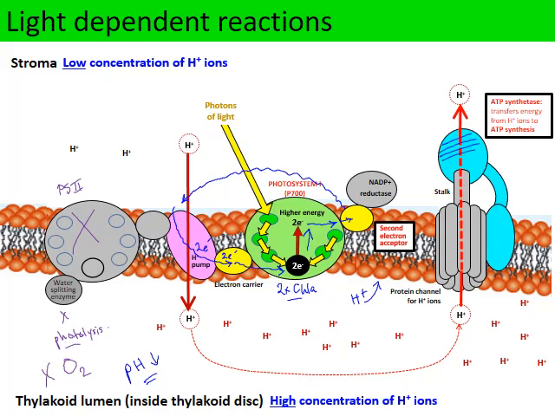Now all that potential energy is converted back into chemical energy in the form of ATP. So it activates the ATP synthase catalytic domain. That allows the addition of inorganic phosphate to ADP, which is adenosine diphosphate, and we end up with ATP, adenosine triphosphate.